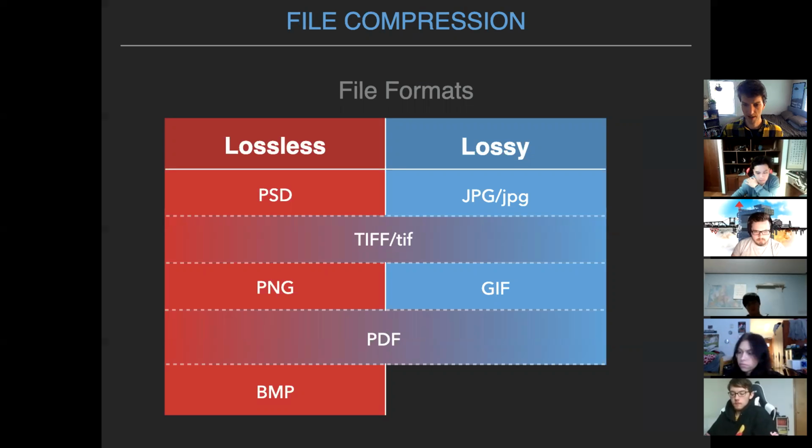So compression is anytime you take an original image and reduce its file size to some capacity. And the term for that would be lossy. You take an image and crunch it down in some way, that image transforms from a lossless image into a lossy image.